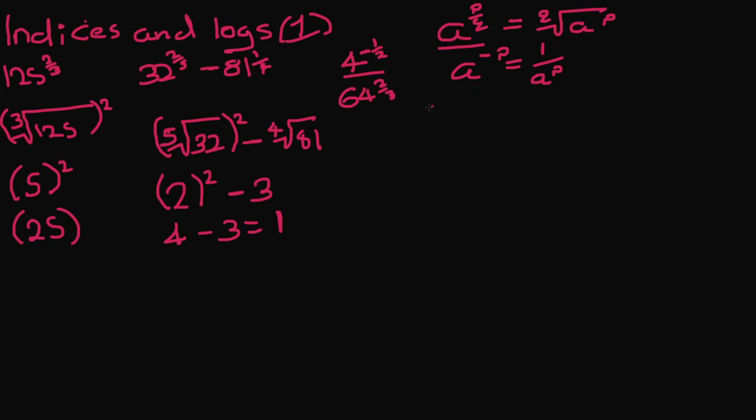Very good. Alright, so our last question now. 4 to the power of minus a half over 64 to the power of 2 over 3. Okay, so we can write that out here, nice and big.